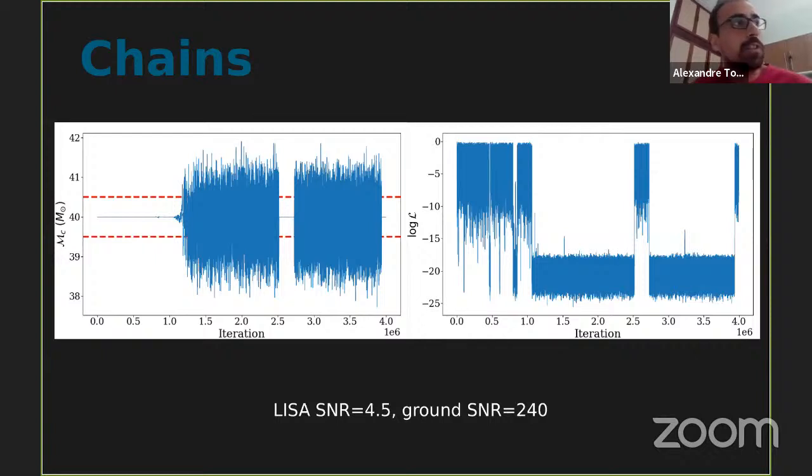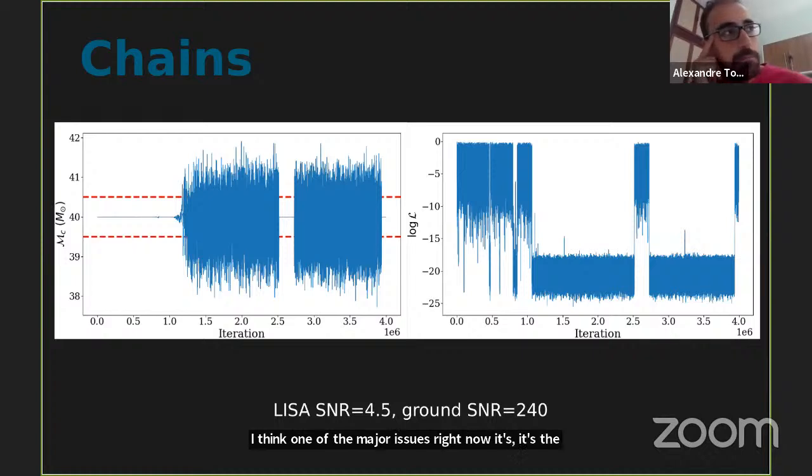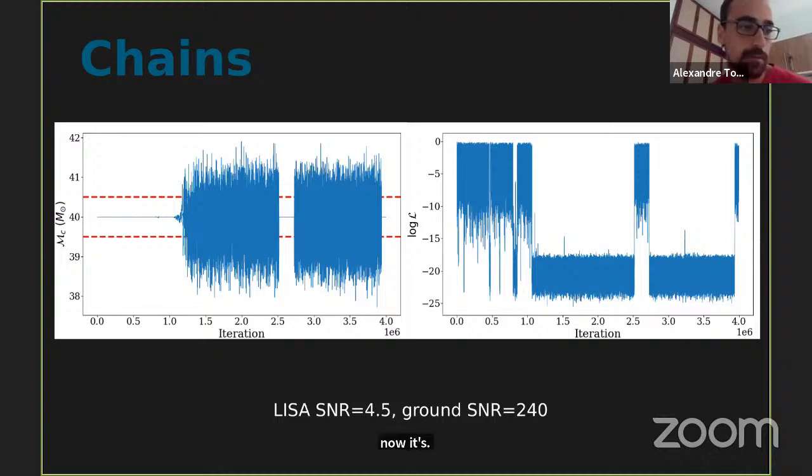I don't know if Antoine is here, but I think one of the major issues right now is that the computation is very slow because of the waveform, but they managed to do a full parameter estimation. So I think now we should be able to start doing this.